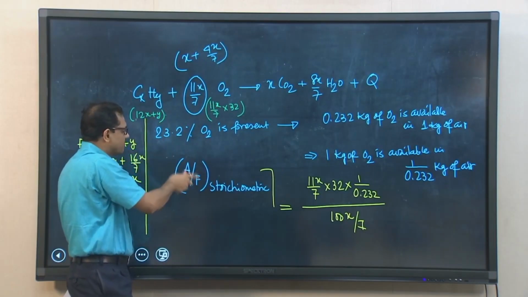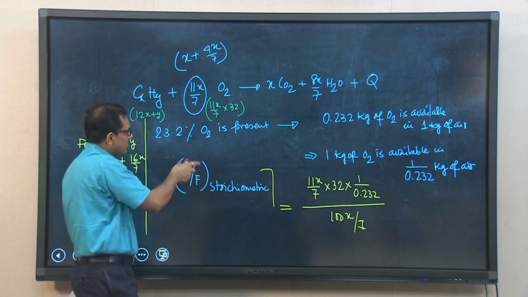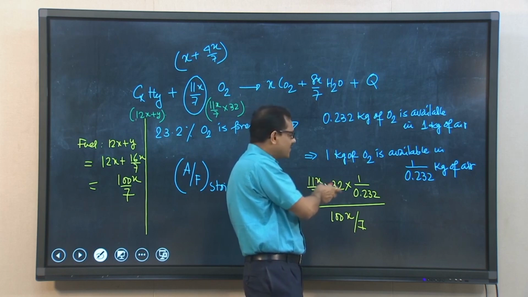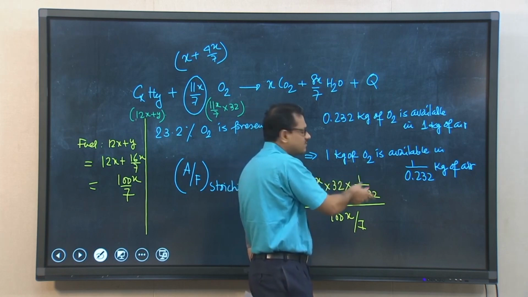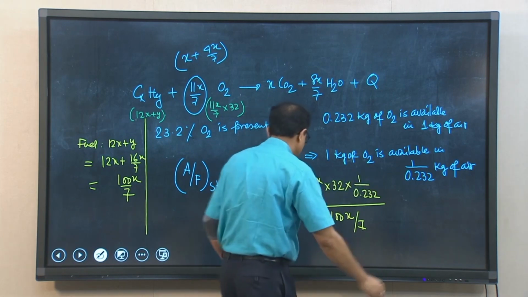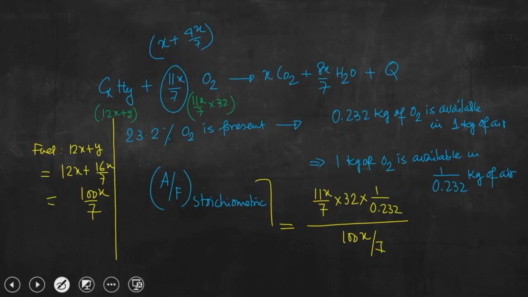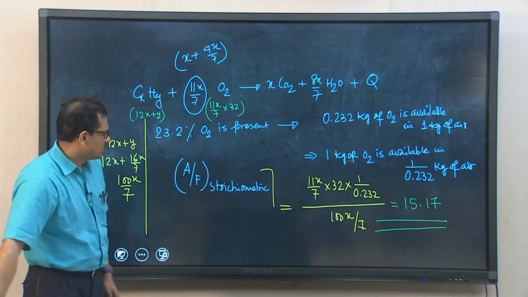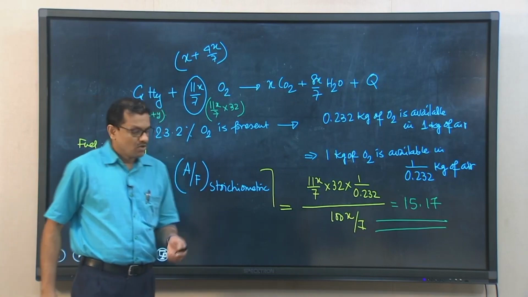So, basically what is the air fuel stoichiometric? Amount of air, that is this, and this much amount of oxygen will be available multiplied by this factor kg of air. So, if we do this, we are getting 15.17. So, this is the answer, right. So, the air fuel ratio, air fuel stoichiometric is equal to 15.17.